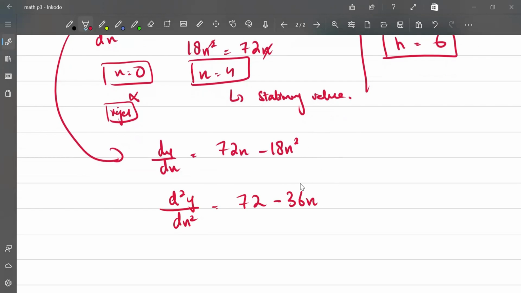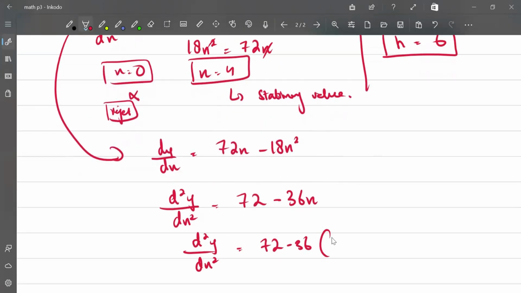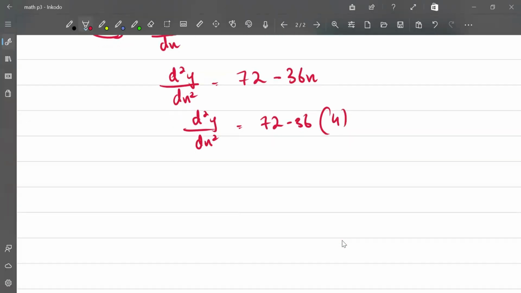We have to calculate the nature of the stationary point we calculated. Now just insert x equals 4 into the equation: 72 minus 36 times 4.